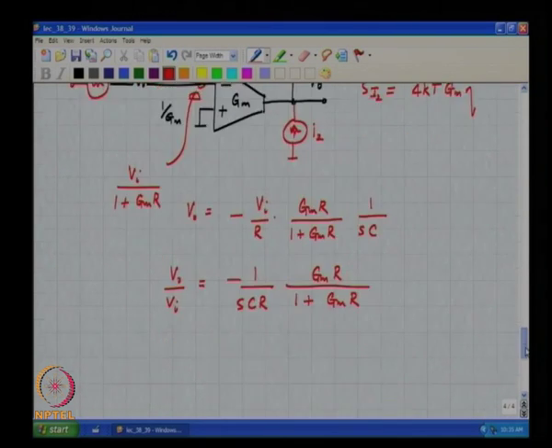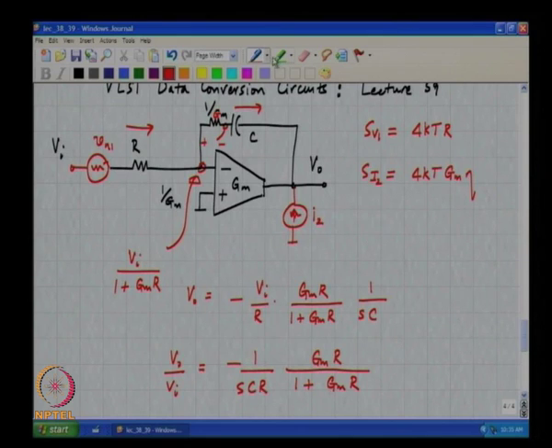Now, the transfer function from the noise source to the output is the same as that from the input to the output.